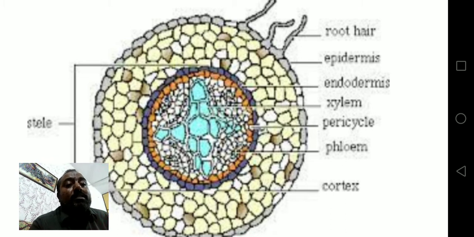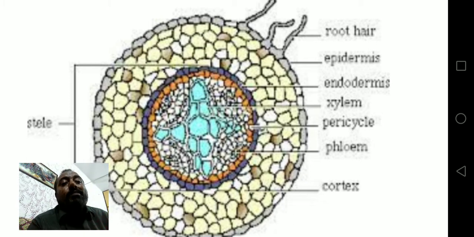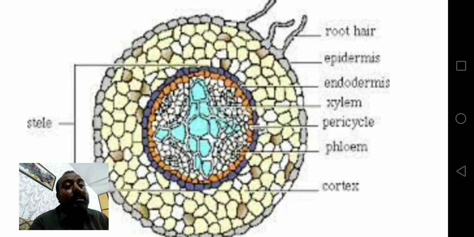If you look at only the outermost layer, named the epidermis, the term epidermis is used for the whole layer, and the cells making the epidermis are called epidermal cells. And not all, you can see here, not all, some of the epidermal cells are making thin and long extensions which are called root hairs.